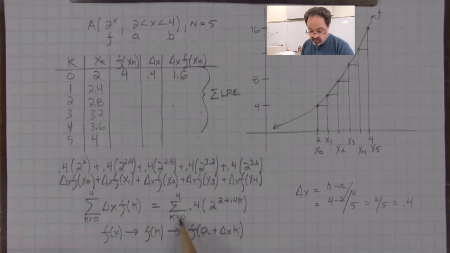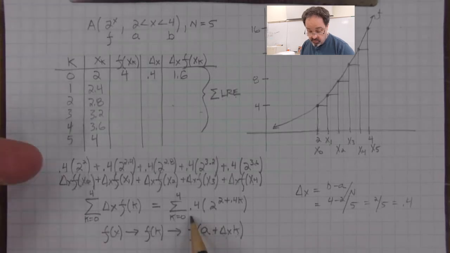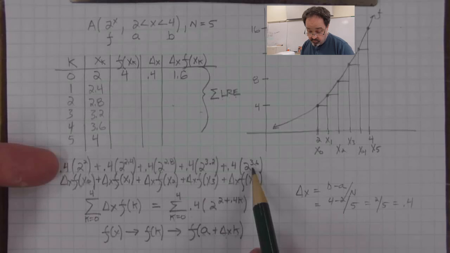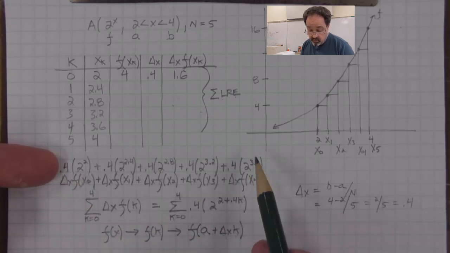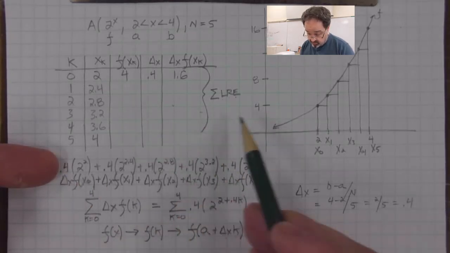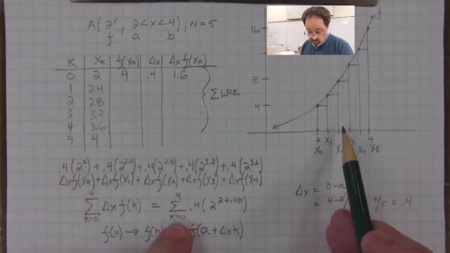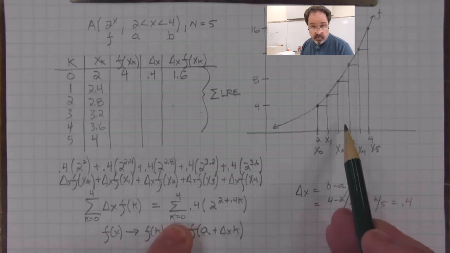Does this sigma notation produce the expansion that we know is going to produce the sum of these rectangles, which will estimate the area under the curve? Well, we start with the first index value of 0.